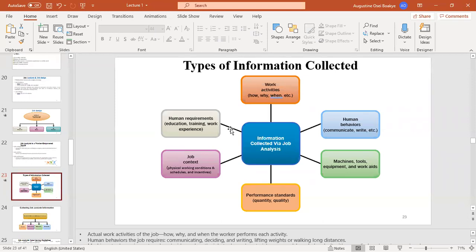So all these details will become necessary for the job analyst. Then the job context. When we talk about the job context, we are looking at the environment within which the task is performed. Does the environment demand that it is noise-free?